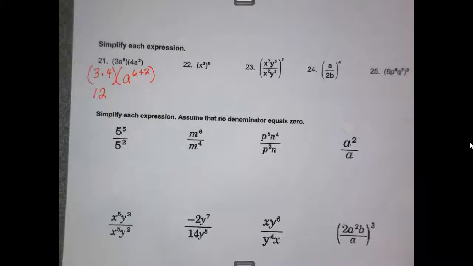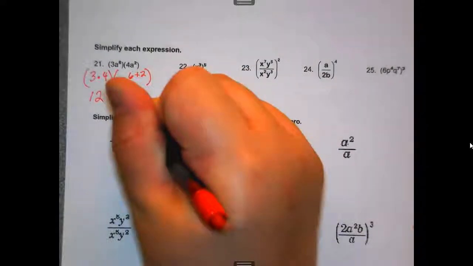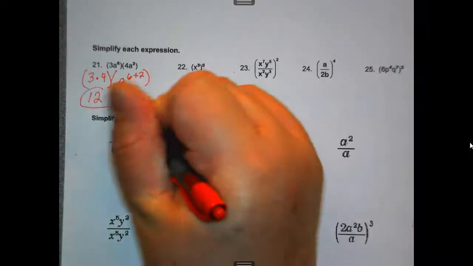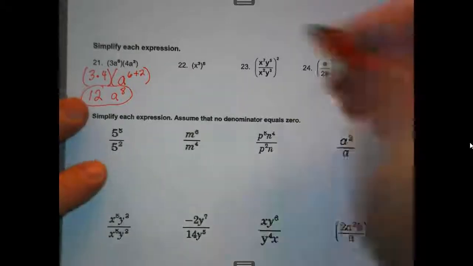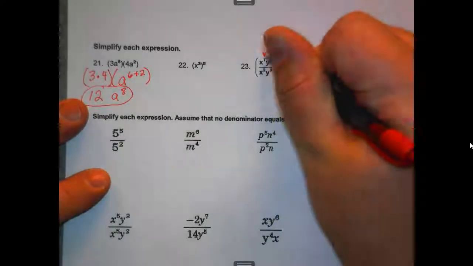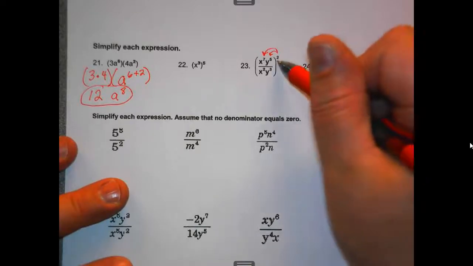3 times 4 is 12. A to the 8th. 23, we have a power raised to a power. We have to distribute, multiply that exponent to every exponent.